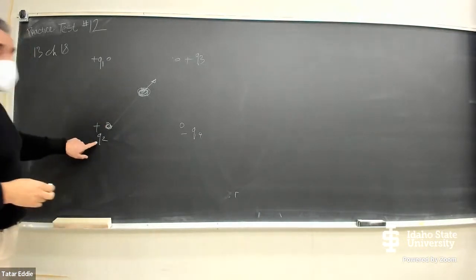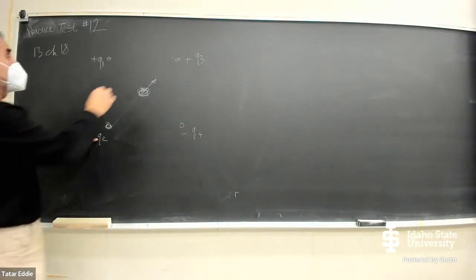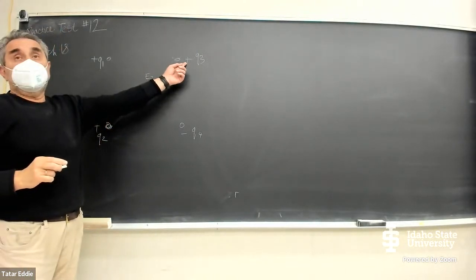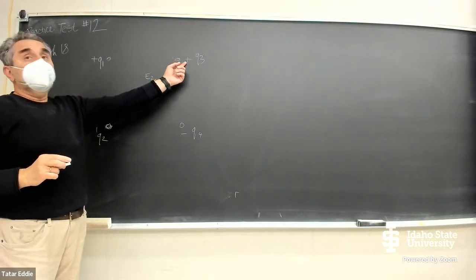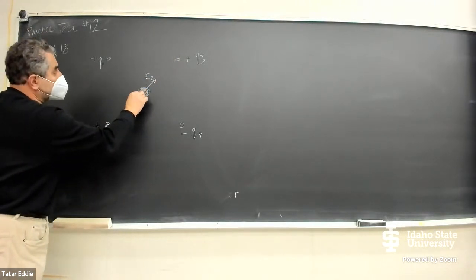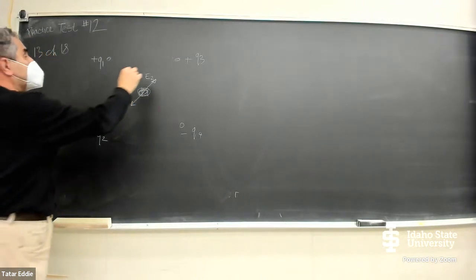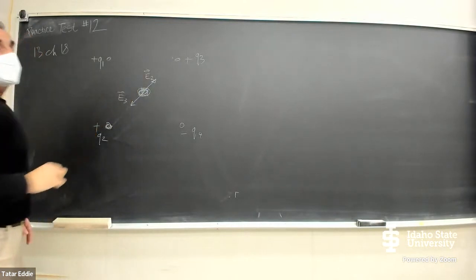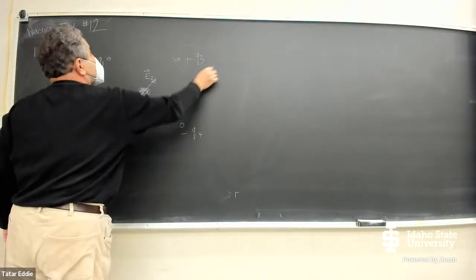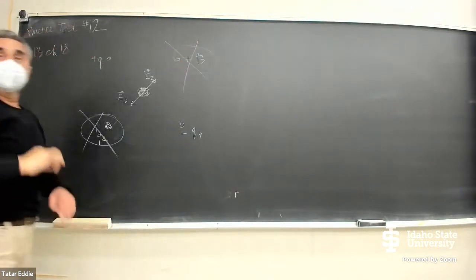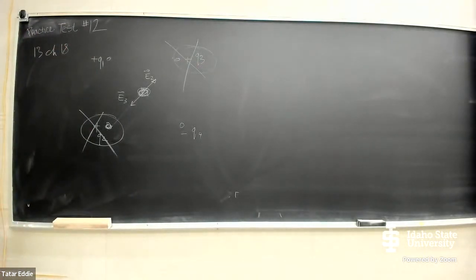The electric field generated by Q2 is this way, call it E2. The electric field created by Q3 at the same spot is going to be in the exact opposite direction, because the rule is that electric fields point away from the positive and into the negative or infinities. So the electric fields generated by Q2 and Q3 cancel out.